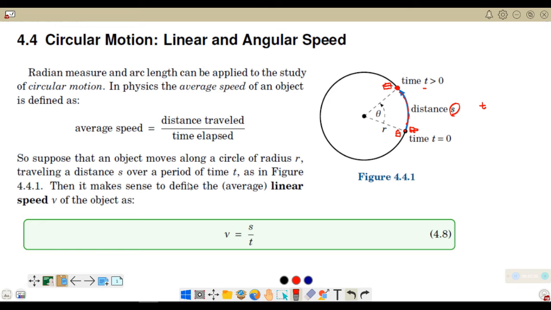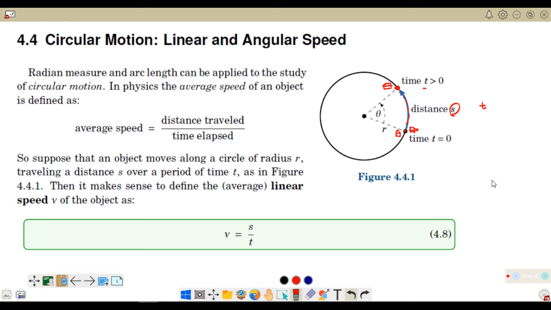So, then it makes sense to define the average linear speed v of the object as v is equal to s over t. Now, why do we call this linear speed when it looks like an arc? Okay, so let's clarify this one.